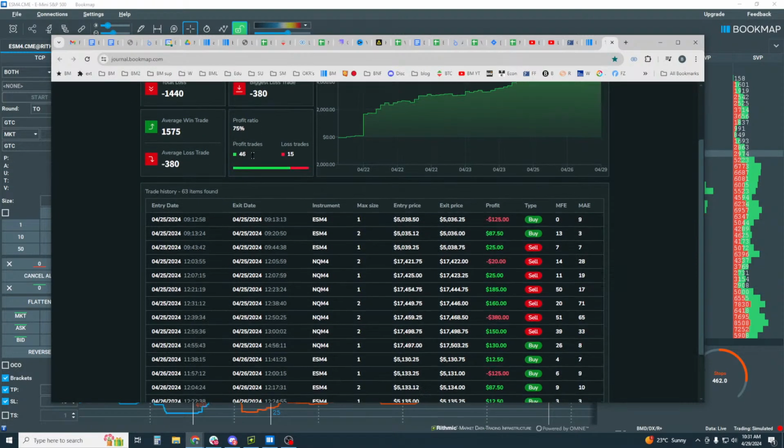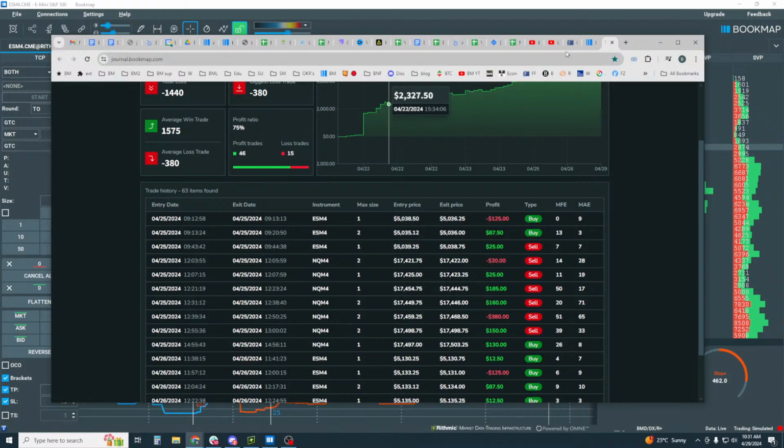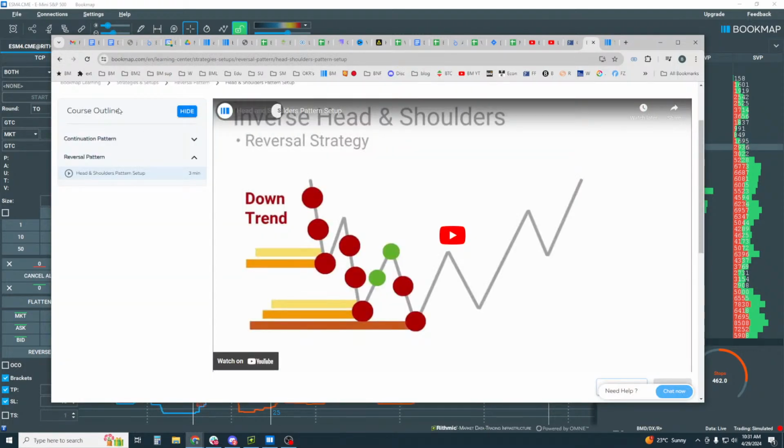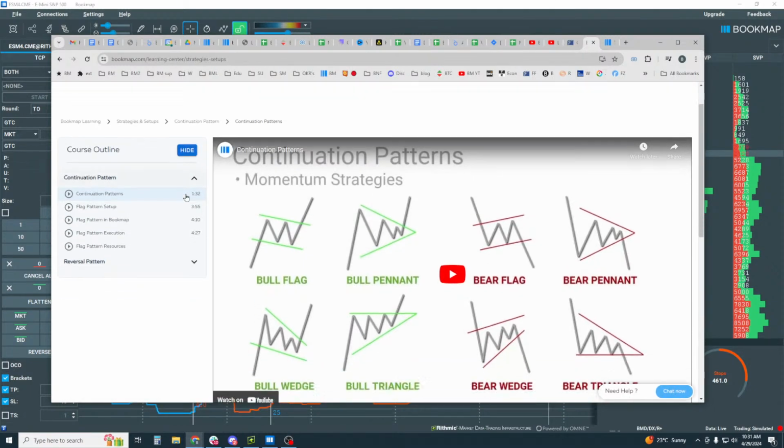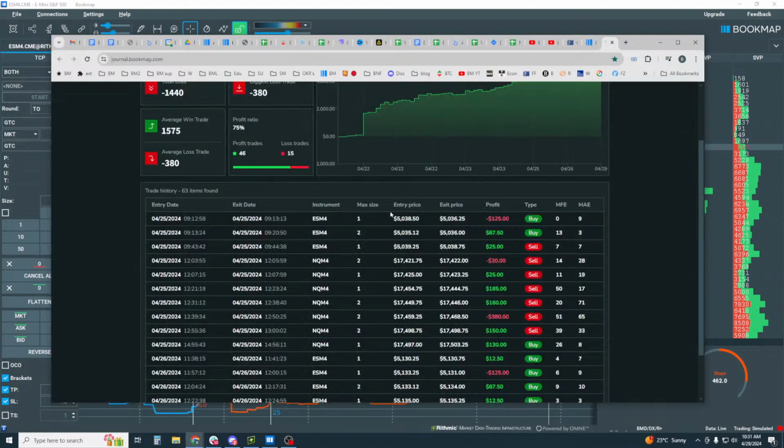And we can now look at and justify some of these trading strategies, and start to understand how well we're doing by looking at this journal.